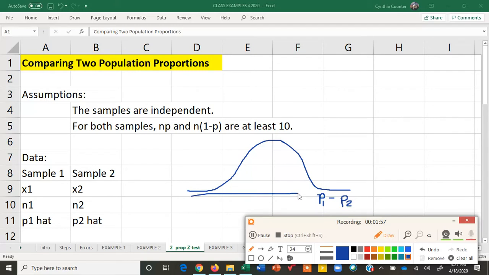So over here, I should say these would be hats. It's a distribution of differences between the sample proportions, and then in the middle will be the assumed difference between the population proportions.